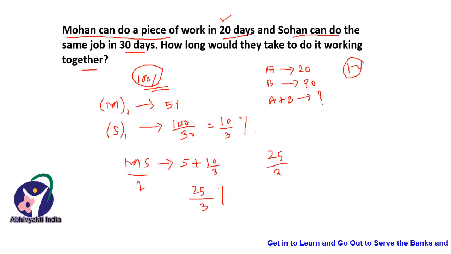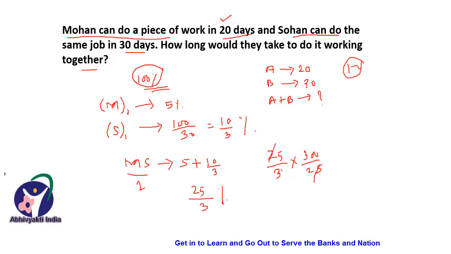If you multiply 100 by 3 by 25, it is very easy, as the 25 and 25 get cancelled. We divide 100 by 25 over 3, so it becomes 300 by 25.